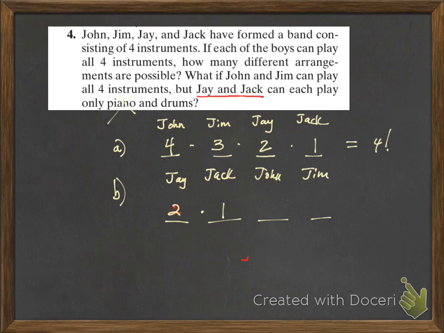So really, John and Jim can only play the other 2 instruments. Even though Jay and Jack are the ones that can only play 2, it forces John and Jim to only be able to play the other 2. So of the remaining 2, John has 2 to choose from, and then Jim has only 1 to choose from. So in this case, it's 2 squared.